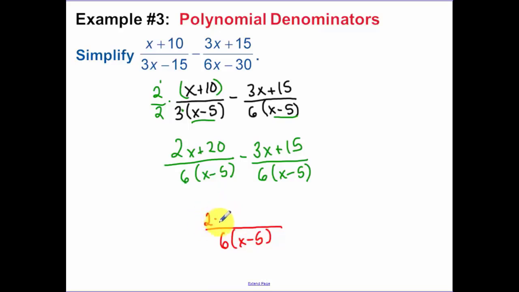Now you have 2x plus 20 minus 3x minus 15, because I distribute that negative to both terms. Now we simplify out the numerator. 2x minus 3x is a negative x plus 5.